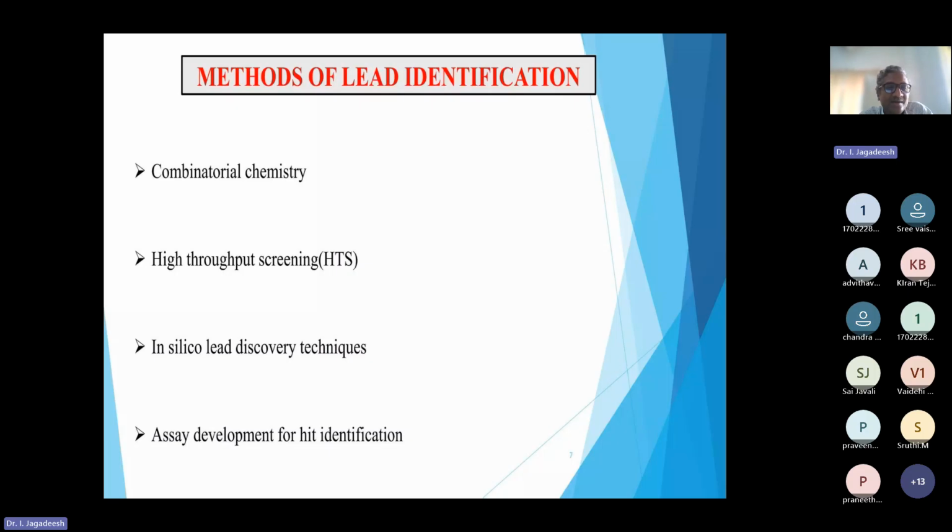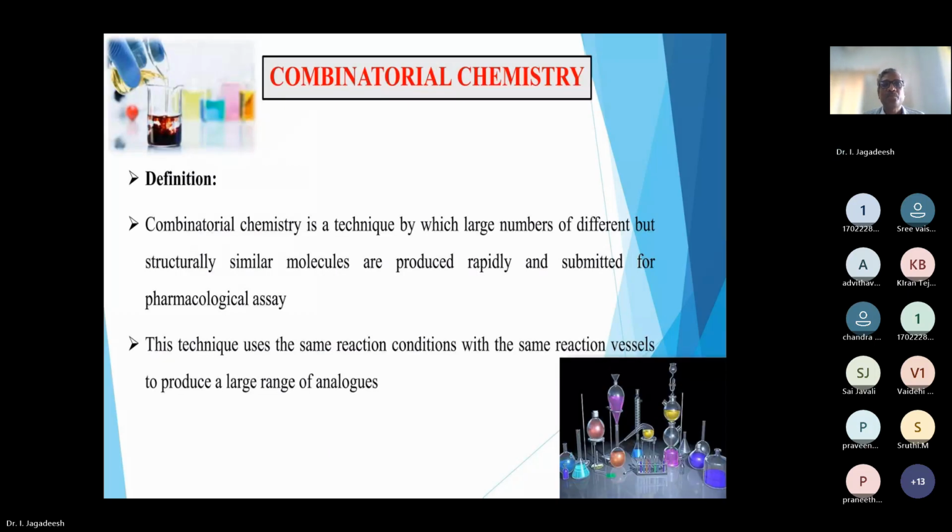Now you take in silico approaches to make it very fast, using computers with machine learning and AI tools. That is in silico lead discovery. After that, we have hit identification, further screening, and refining the activity. So the first job in this journey is combinatorial chemistry.